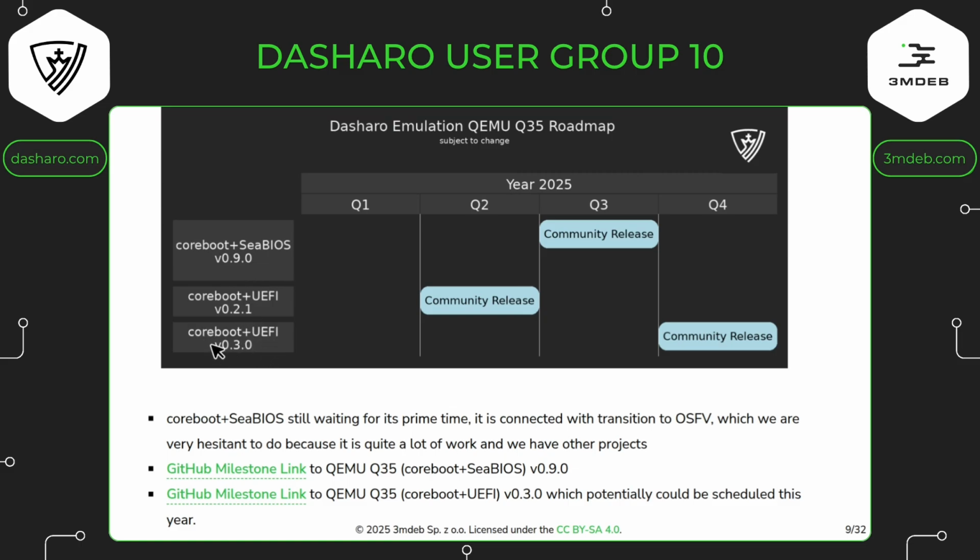There is also a new release 0.3 for coreboot plus UEFI for QEMU Q35. I don't know if this will happen this year, but I just planned this for Q4. Right now, we don't see a big need for this, but there are some bug bounty tasks in the milestone. So if you support us in this, then maybe this release will appear.